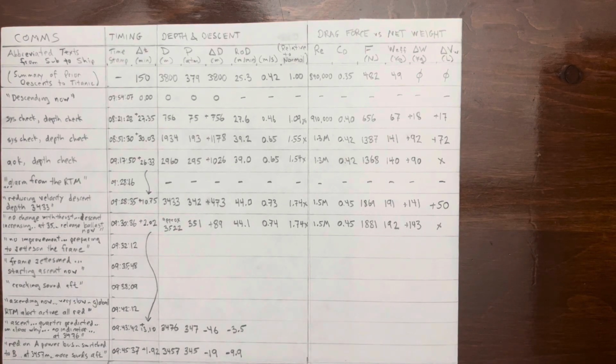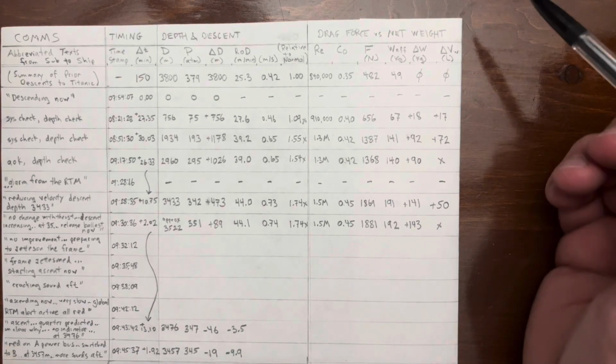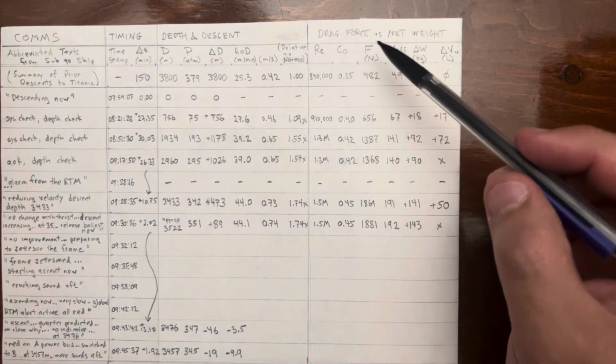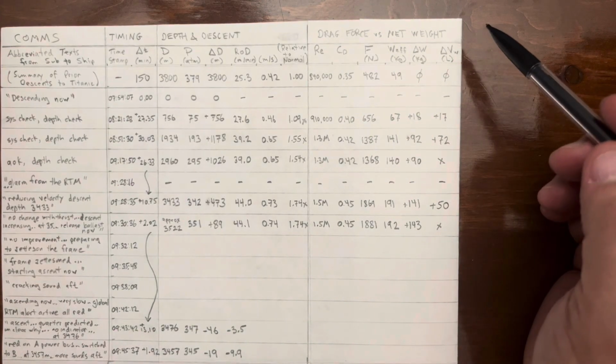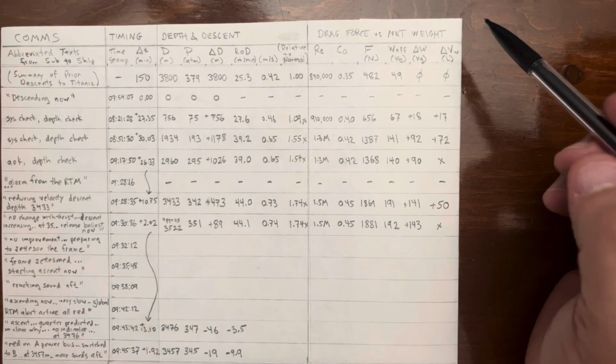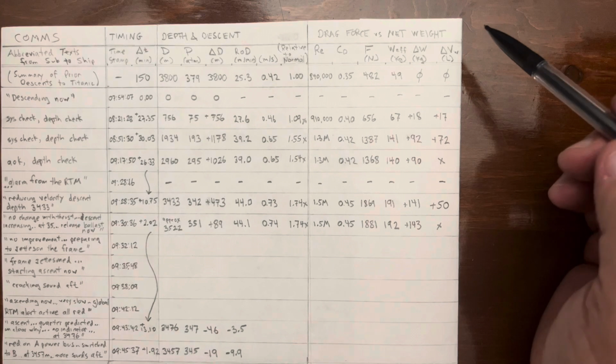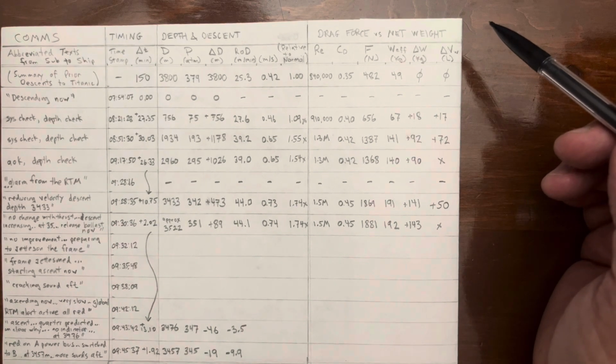Okay, here in part 3, I've now extended the calculations to what you can see is here, drag force versus net weight. So one of the theories, it's not just my theory, is that the sub began to take on water.